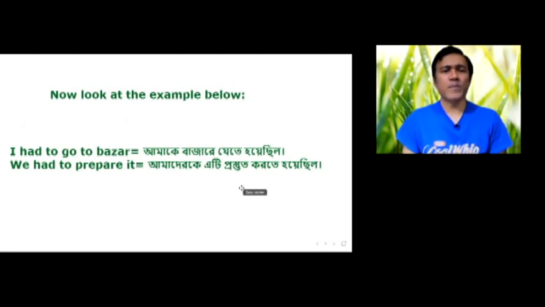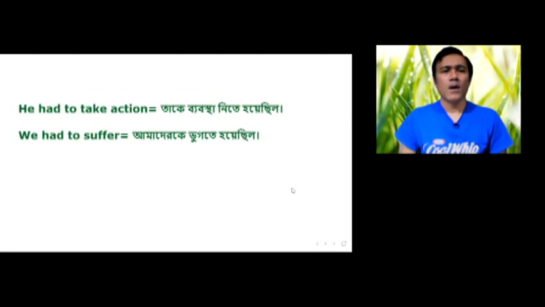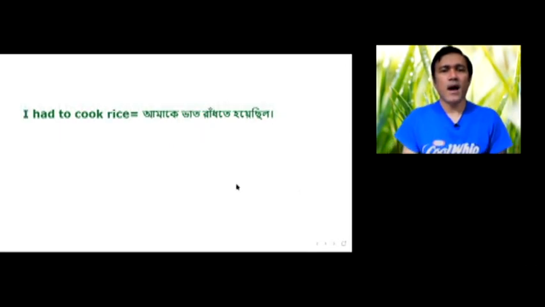We had to prepare it. আমাদেরকে এটি প্রস্তুত করতে হয়েছিল. He had to take action. তাকে ব্যবস্থা নিতে হয়েছিল. We had to suffer. আমাদেরকে ভুগতে হয়েছিল. I had to cook rice. আমাকে ভাত রাঁধতে হয়েছিল.